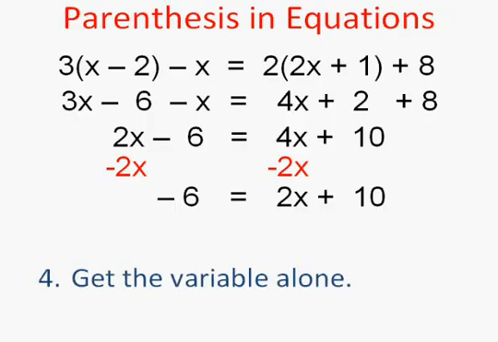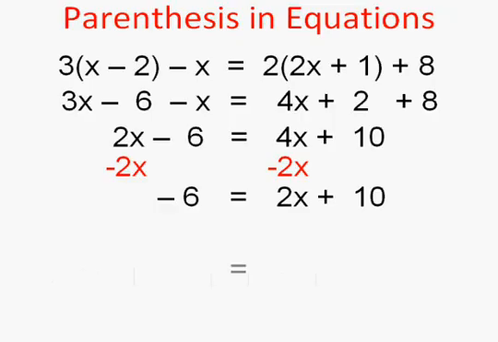Now who's keeping him from being alone? The 2 and the 10. We're going to get rid of the 2 and the 10 in the backwards order of operations. So we get rid of the 10 first. He's adding, so I'll do the opposite and subtract 10 from both sides. That leaves me a negative 16 on the left and 2x on the right.